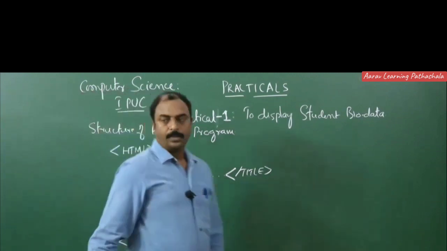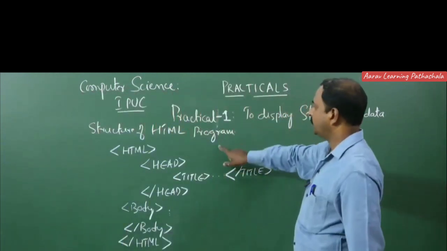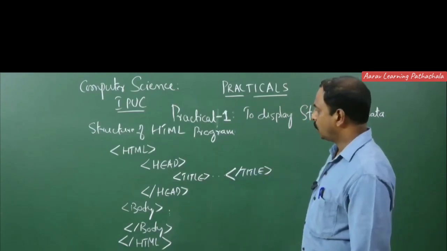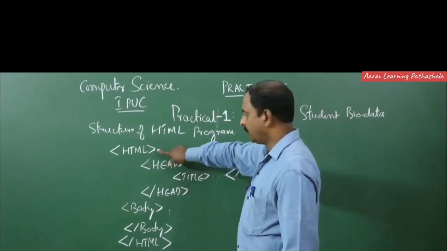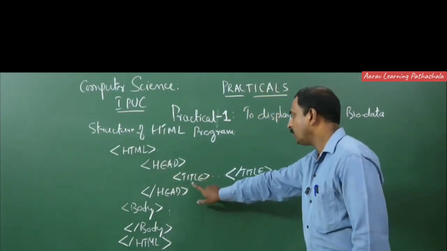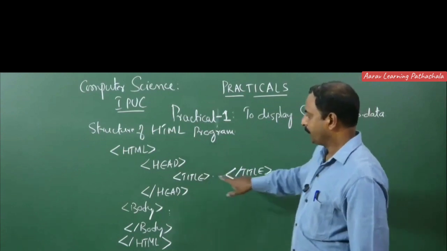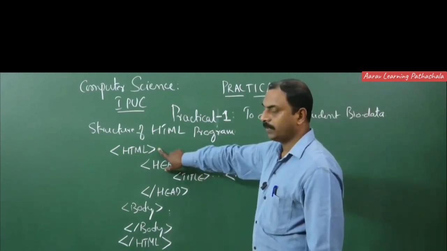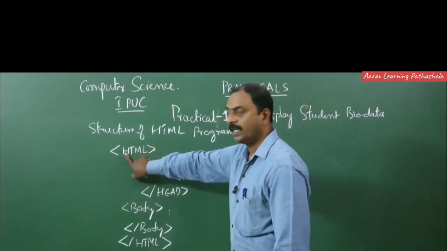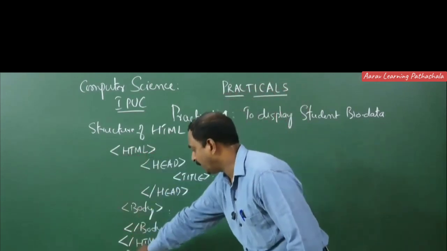See, this is a structure of HTML program. Your HTML program starts with a tag. This is called HTML tag. Under that we have head tag, and inside that you can have title tag. And here this is starting point of your HTML programming. And please observe this. This tag has to be closed at the end.